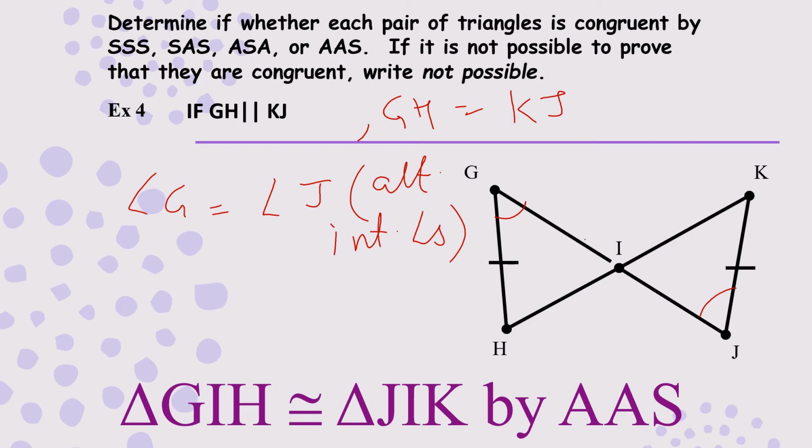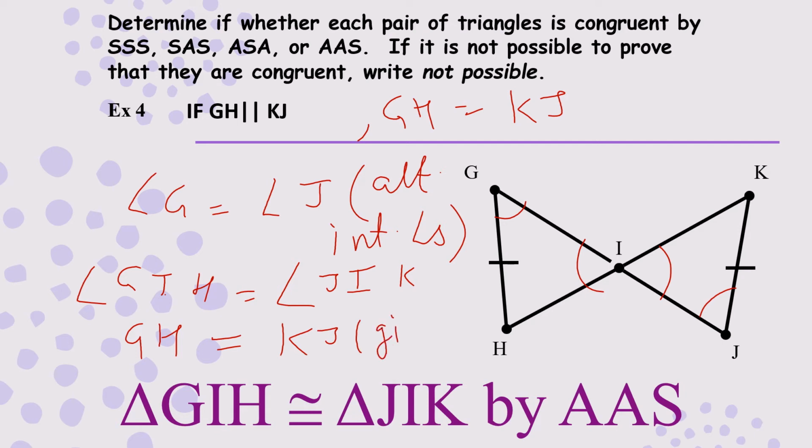And since the lines are intersecting, angle GIH is equal to angle JIK. Where is the third side? The third side is already given, that is GH is equal to KJ. So the triangle GIH is congruent to JIK by angle, side, angle.